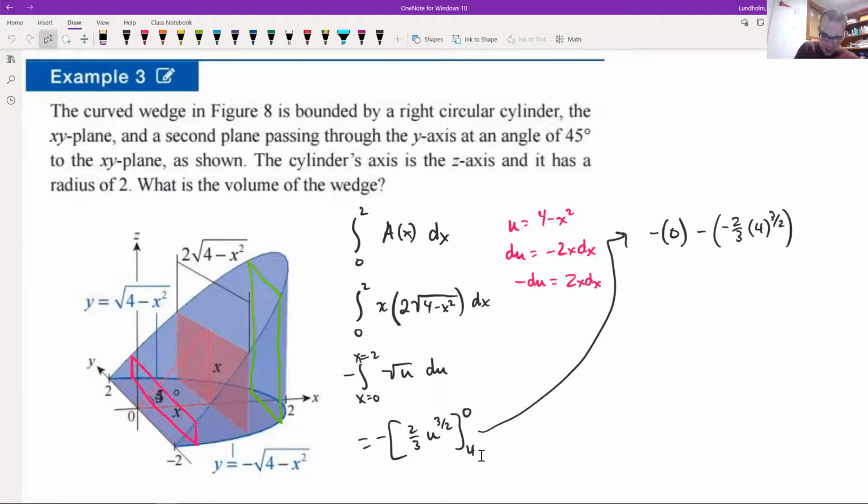Okay. So now we've got 2/3 times 8, and we get 16/3 in the end.